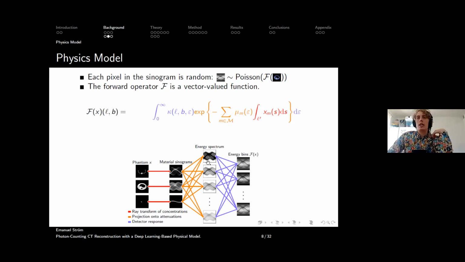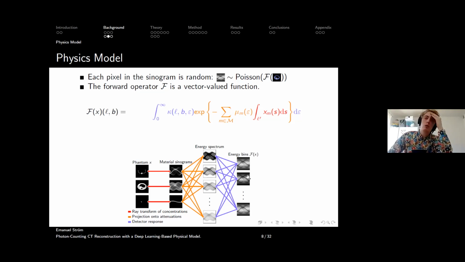The last step models the detector response, so basically how the detectors react to different wavelengths of photons. This last step is where the crosstalk comes into play.